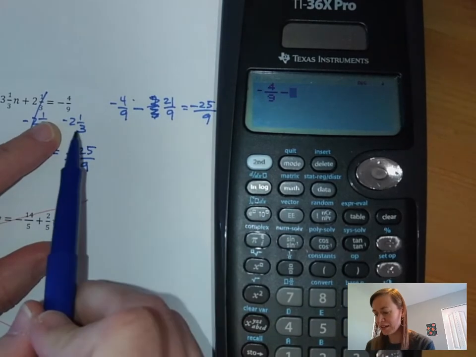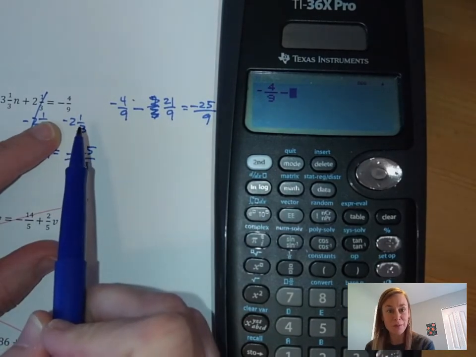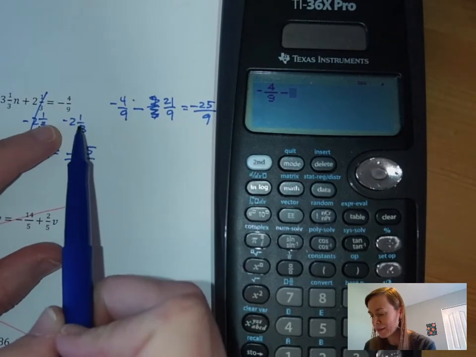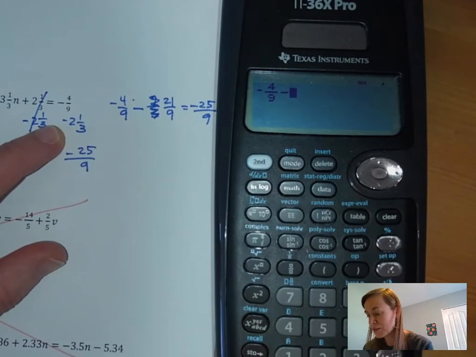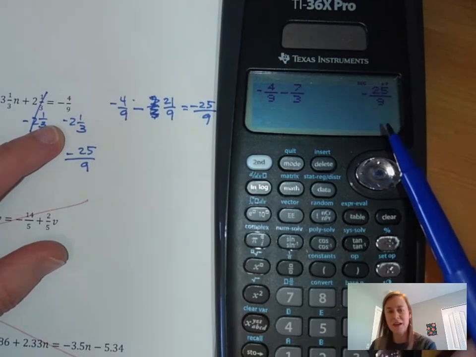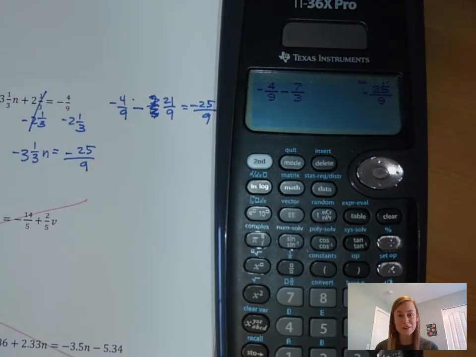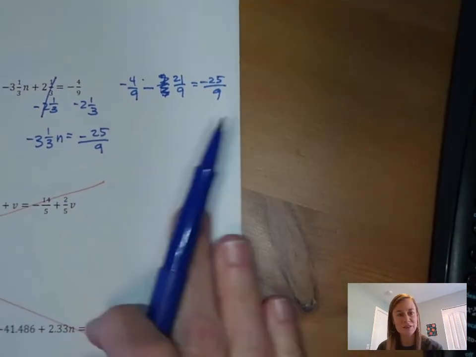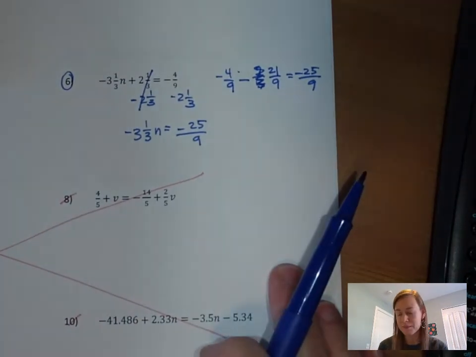I'm just going to convert it to my improper fraction because I'm better at doing it that way. 3 times 2 is 6 plus 1 is 7, so 7/3, which is what I used to have written right here, right? So minus 7 over 3, now I know that's going to work, and we get -25 over 9. So it looks like we did it right the first time. Just again, you get to choose how you want to do it, on paper or calculator, or with the fraction calculator that I've provided you a link for in the past.